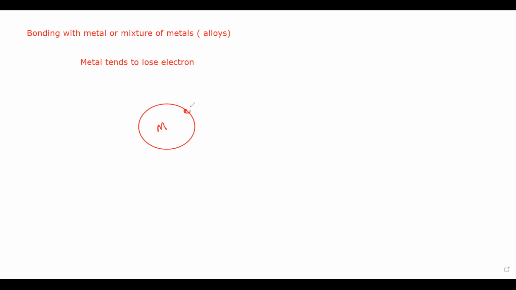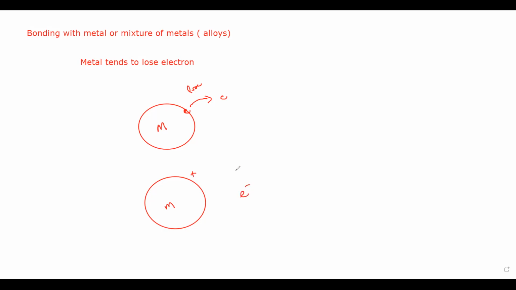I'm drawing the last shell only. So what it did, it loses electron. So when this metal will lose electron, what will be the charge on this metal ion when it loses electron? So it's good, that's +1, or I can say positive.